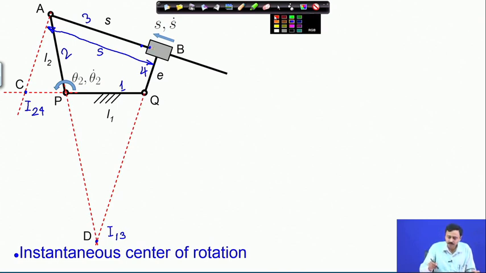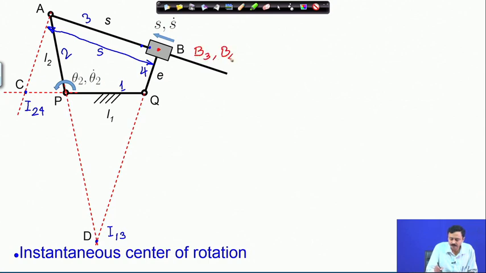To make it more specific, let me consider a point here. This point is denoted by B. Now, B can have two locations: coincident points B3 and B4. B3 belongs to link 3 and B4 belongs to link 4.